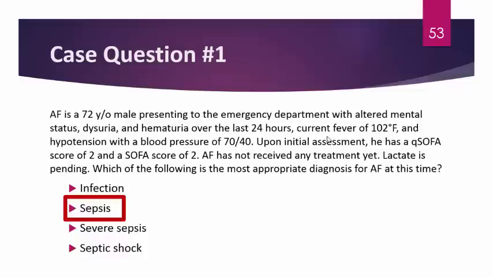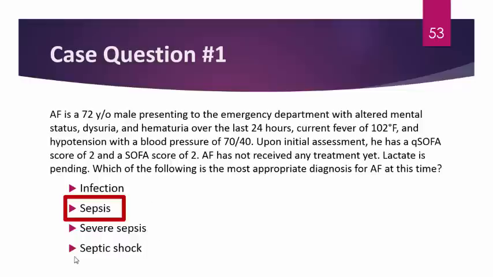So that's one of our SIRS criteria, though he doesn't necessarily meet 2 SIRS criteria that we would need from the 2012 definitions. But from the 2016 definition, because he has a qSOFA of 2 and a SOFA score of 2, he meets sepsis. Remember, we eliminated severe sepsis as a definition in 2016.